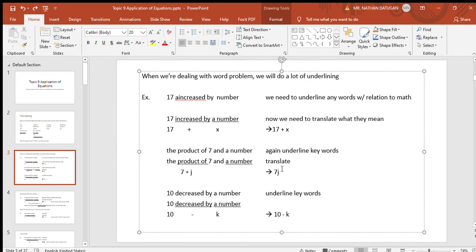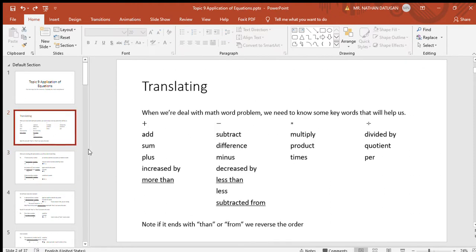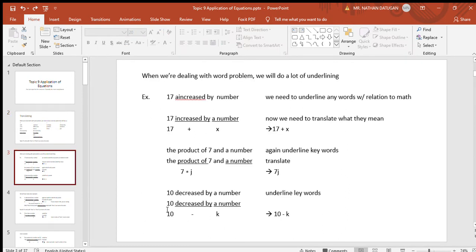We don't need to indicate multiplication. Now, how about 10 decreased by a number? Well, decreased by is subtraction, and a number is a variable, so it's going to be a different letter, let's say k. So 10 decreased by a number is basically 10 minus k.